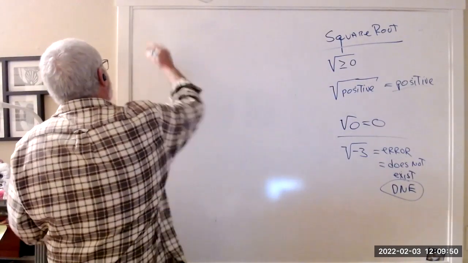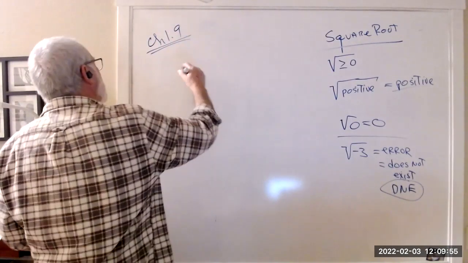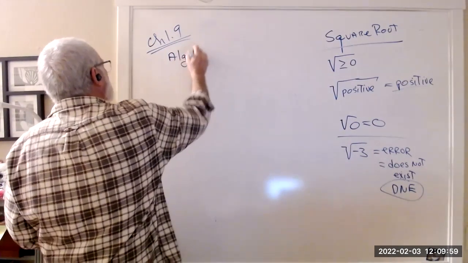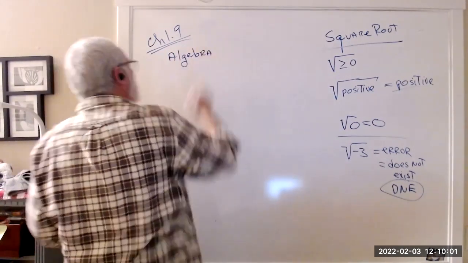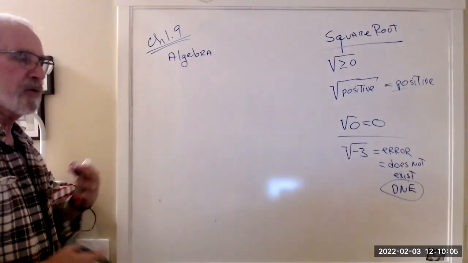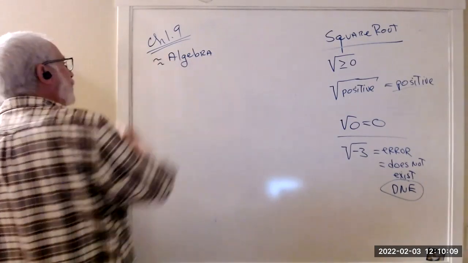In chapter 1.9, we're getting close to some algebra. So far, everything I've been talking about has been arithmetic, just some basic number theory. We're going to get real close to some algebra.